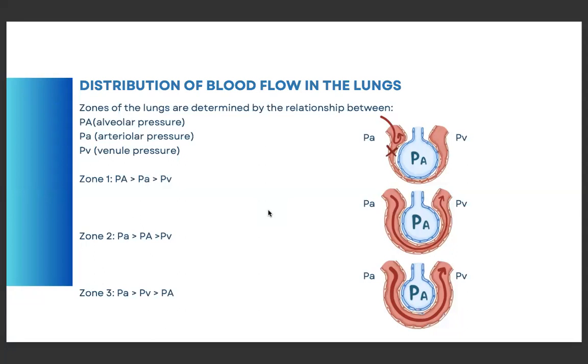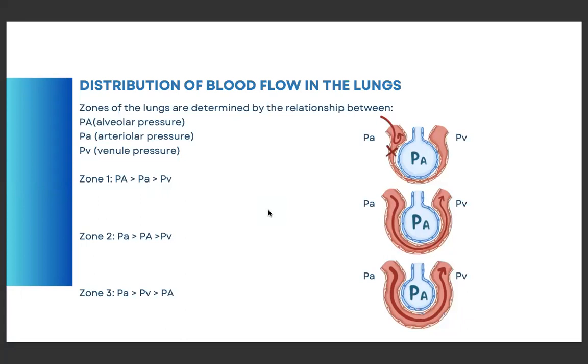Because the alveolar pressure is constant, the relationship of the arteriolar pressure and the venule pressure in relation to that alveolar pressure changes. So alveolar pressure is always going to be the same, but the arteriolar pressure and the venule pressure are what change. So the relationship amongst those three is what determines the zones of the lungs.